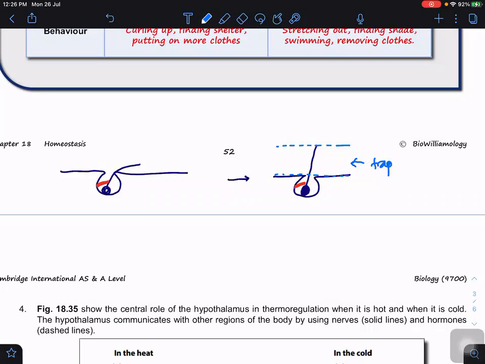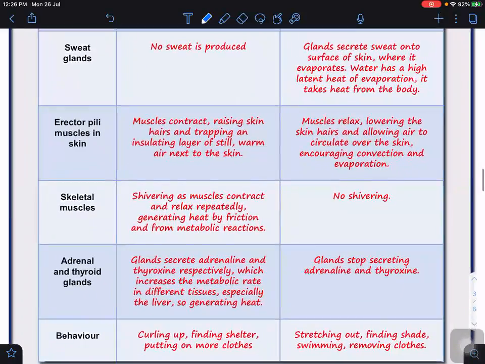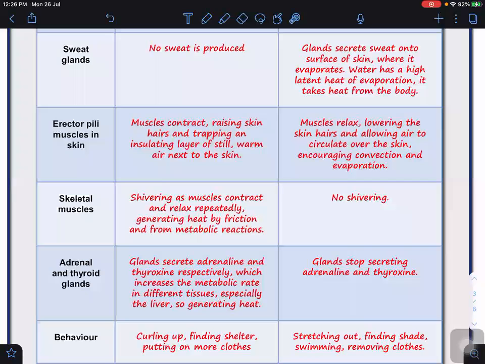Okay, so it means that we do this when our body temperature is low, where we want to conserve the heat energy. So the erector pili muscle in the skin will do what? The erector pili muscle contracts, raising the skin hair and trapping an insulating layer of the still warm air next to our skin.